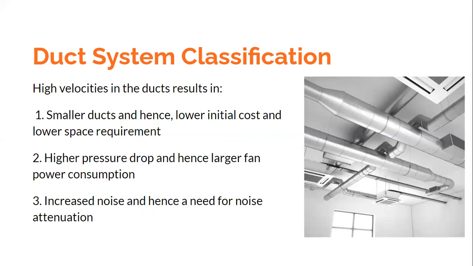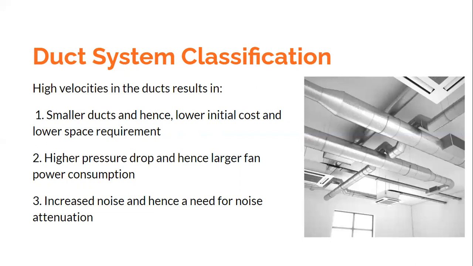Before that, let me just point out what happens if the velocities are higher, and how much velocity we need to take. If you choose higher velocities in the ducts, that would give you some advantages and there would be some disadvantages.